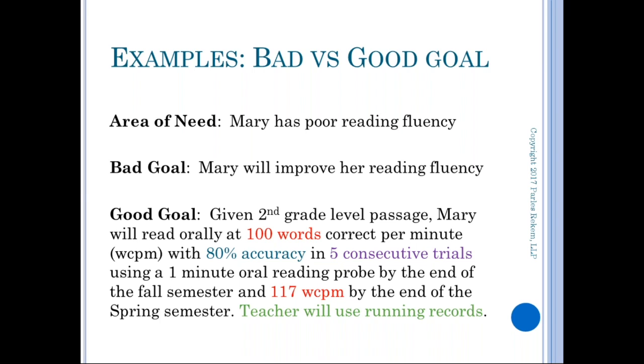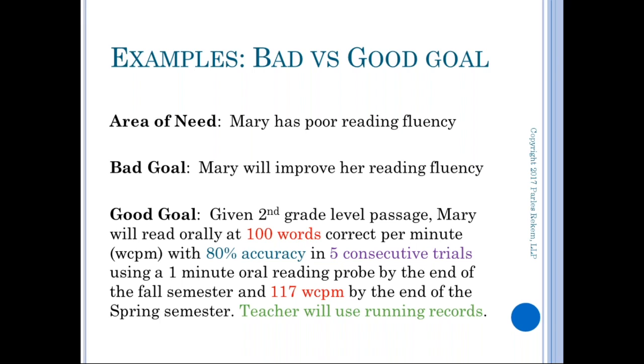So here we have a lot more information. Mary is going to be given a 2nd grade level passage, and she's going to read it orally, not to herself. That's how we're going to test her ability to read words per minute. Right now, we know that 100 words is her baseline data.